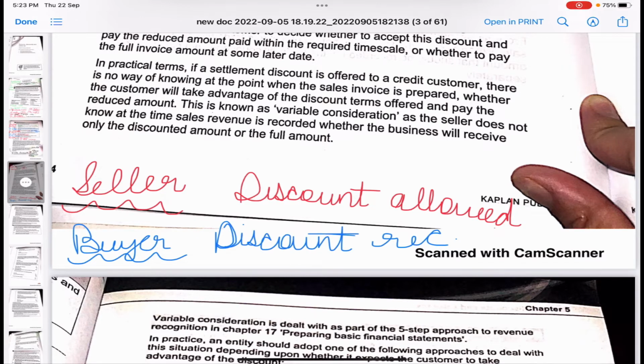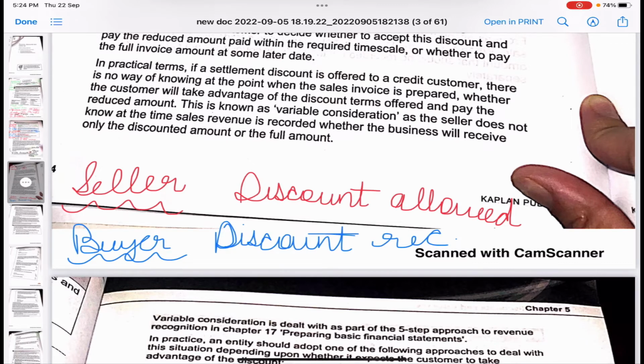So for a company, for a seller, for a person who is giving the discount, is discount an expense for them or an income? If I am giving you a discount, it is a positive thing for you, but it is a negative thing for me. Why is it a negative thing for me? Because I am facing a little bit of loss. That is why I'm giving you a discount.